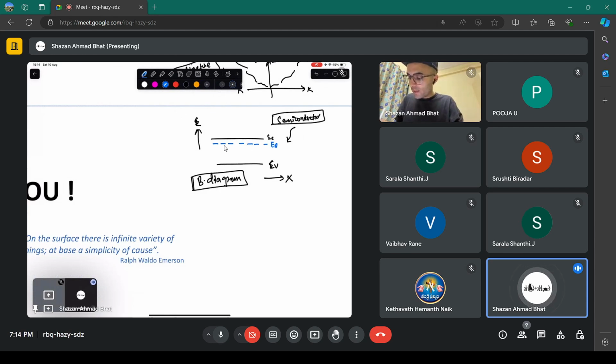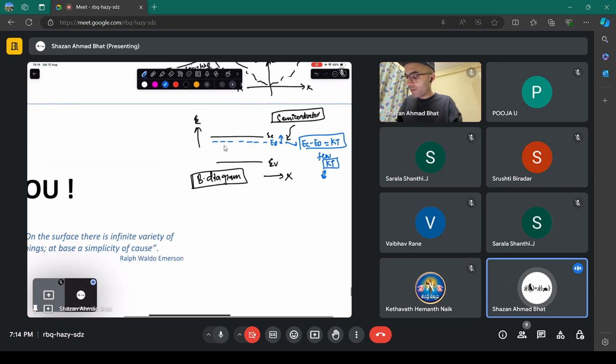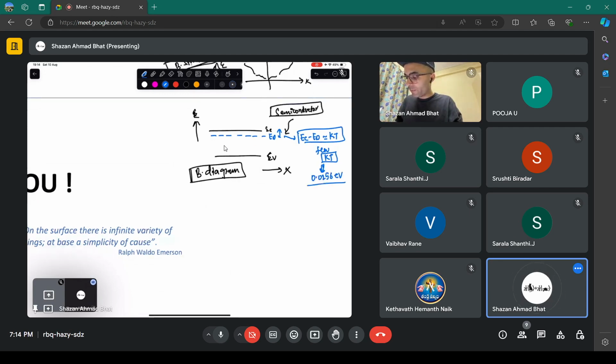Let's say this is the donor energy level, and usually the difference between these two is much smaller. Let's say EC minus ED is approximately of the order of kT or a few kTs, where kT is the thermal equivalent of room temperature, that is 0.0256 electron volts.